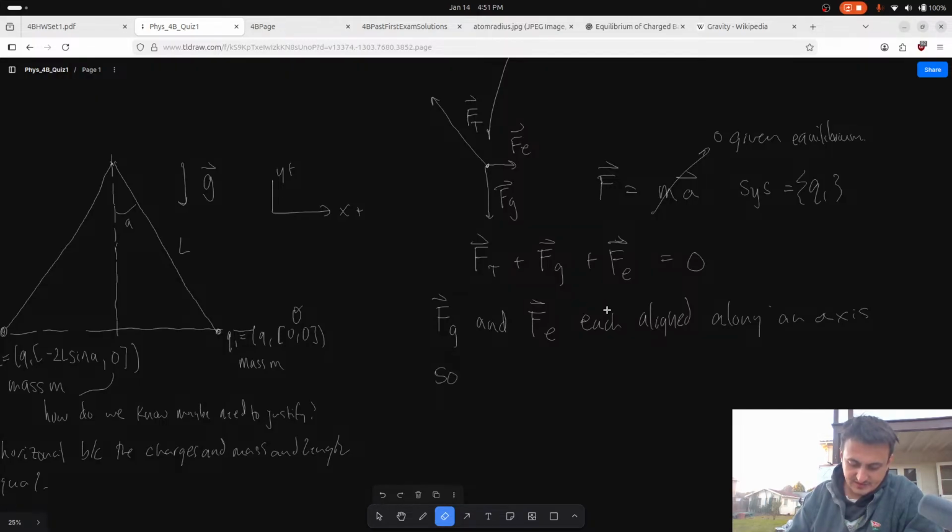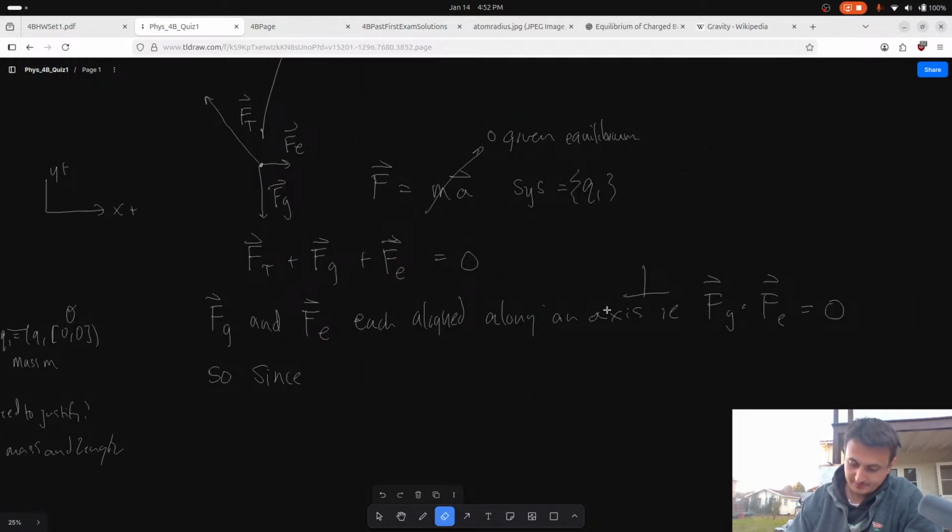So, i.e., FG dot FE is equal to 0. Perpendicular, right?